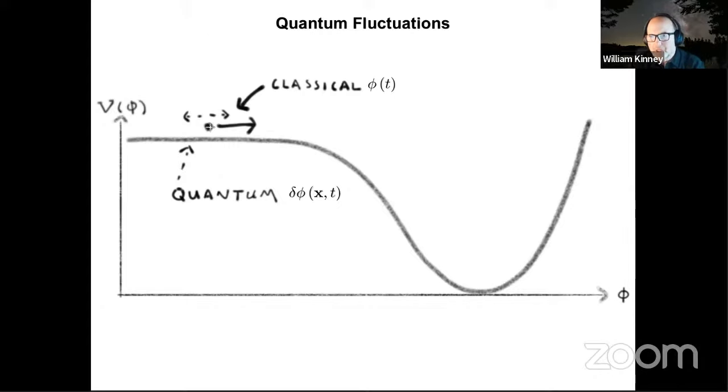And then these quantum fluctuations have the property that they are going to bump the field either up the potential or down the potential. These are not free field fluctuations in general, and certainly not in the field that's responsible for inflation. If I just have some scalar field in this time-dependent background, these field fluctuations are going to be free field fluctuations.